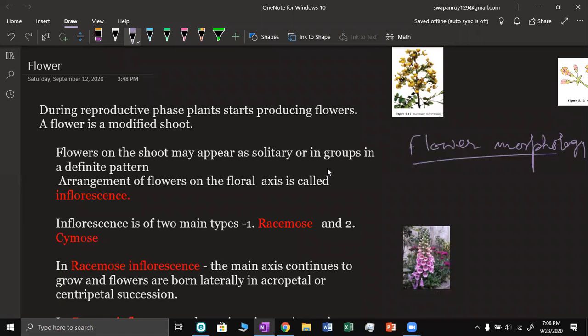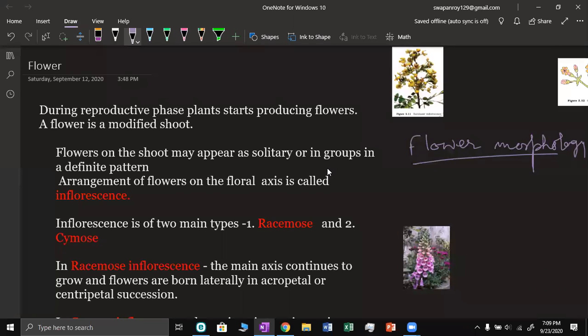We have already learned up to the root, stem, leaves. Those are the vegetative part, and after the vegetative phase, the plant moves to the reproductive phase.